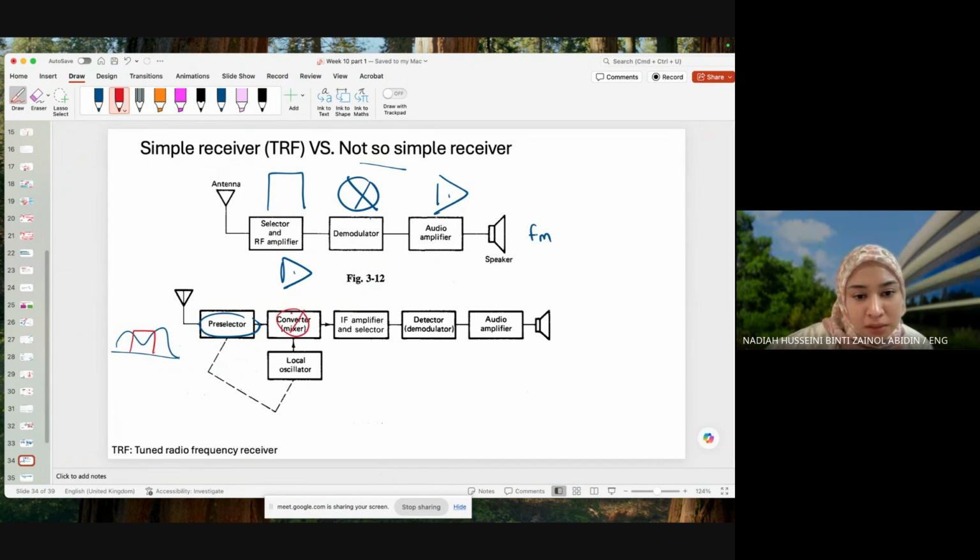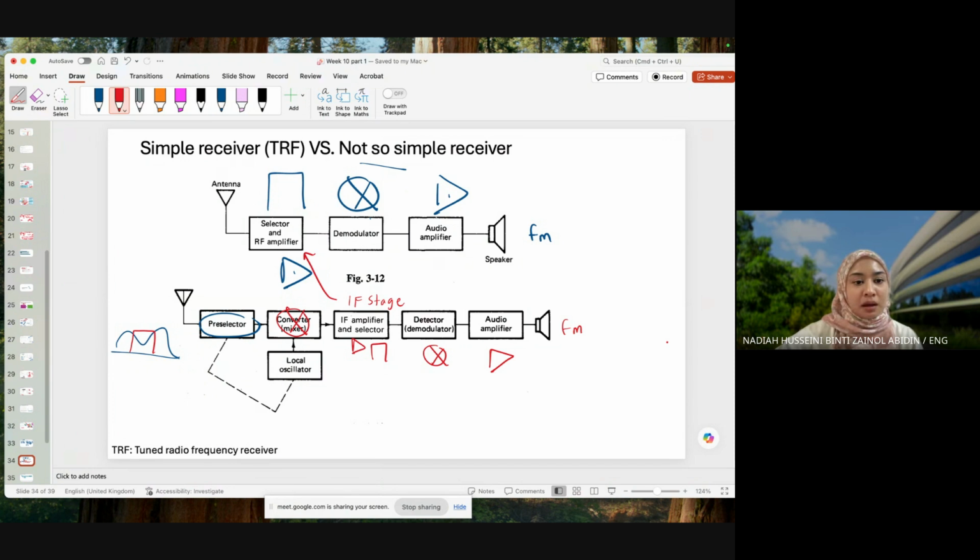We mix it together, and then we have an IF stage. The IF stage has an amplifier and selector, which is almost similar to this guy. Now only we start over here, right? So we have our amplifier and our selector. Again, another selector. And then we have our detector, another mixer here. And then we have an amplifier here. And then we get our FM.